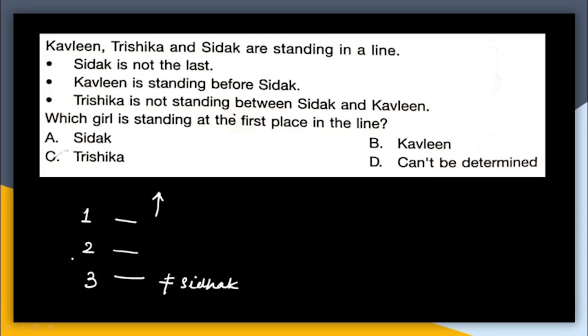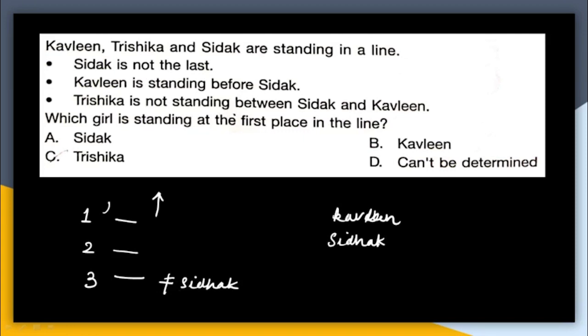The second line states that Kavleen is standing before Siddhak. So if Siddhak is standing somewhere, Kavleen is standing before him, that is ahead of him. Here I already know that Siddhak cannot be the third person and Kavleen has to come before Siddhak. So where will Kavleen be and where will Siddhak be?